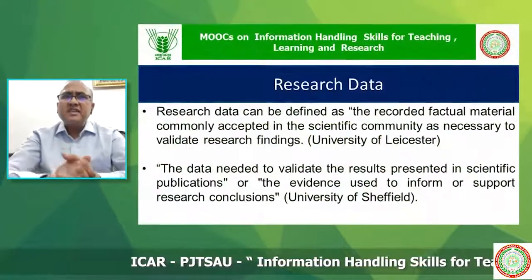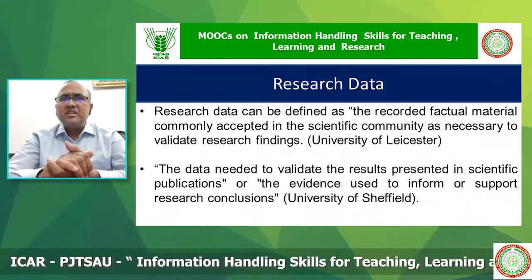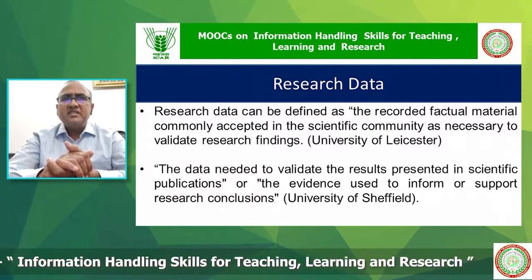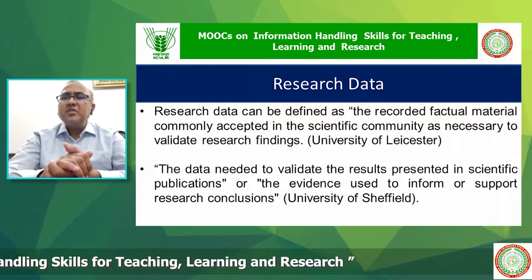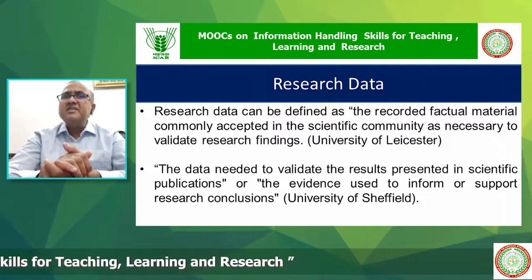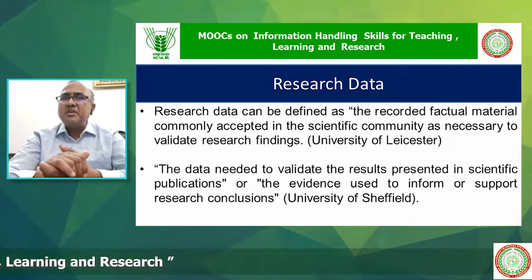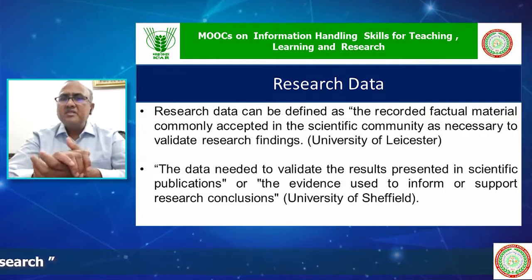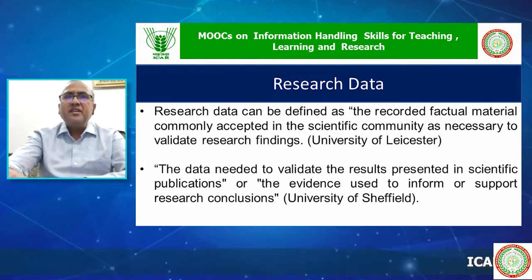So research data can be defined as the recorded factual material commonly accepted in the scientific community as necessary to validate research finding. So the data which is needed to validate the results presented in a scientific publication or evidence used in drawing certain kind of research conclusions may be referred as research data.